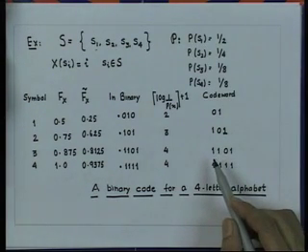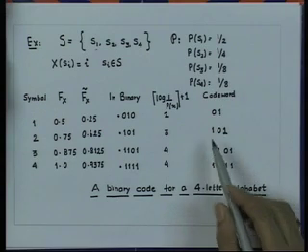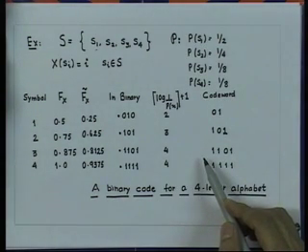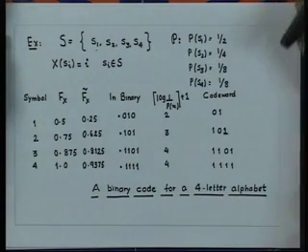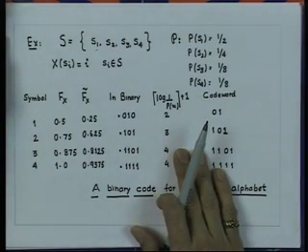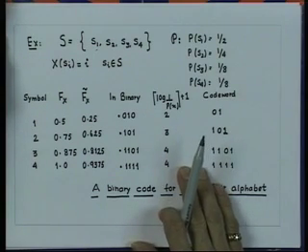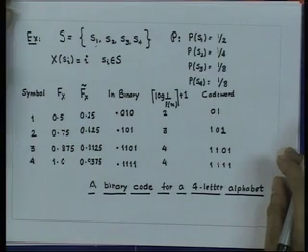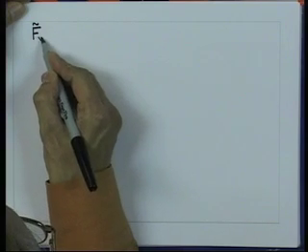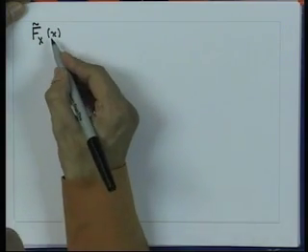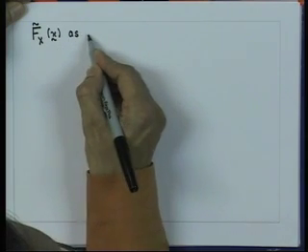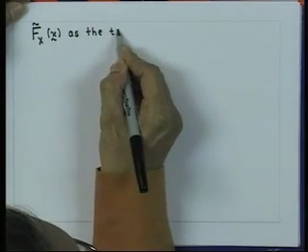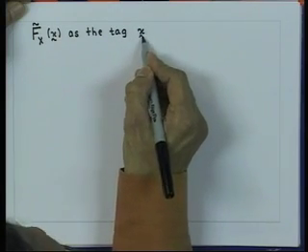Now, we will show that the code obtained in this fashion is a uniquely decodable code. We first show that this code is unique, and then we will show that it is uniquely decodable. Recall that we have been using F tilde of x as the tag for a sequence x.